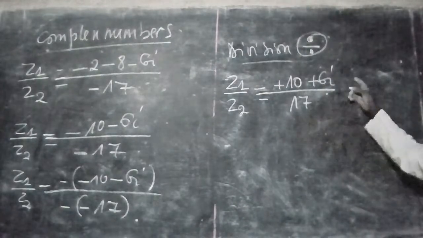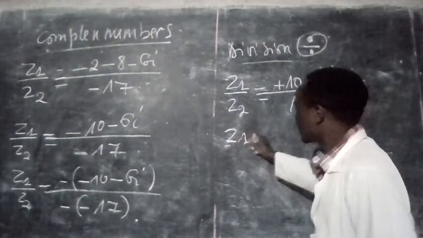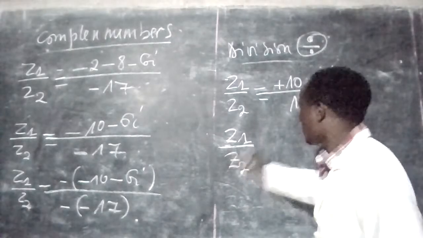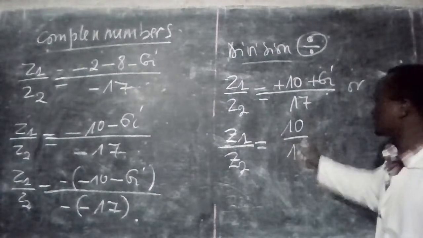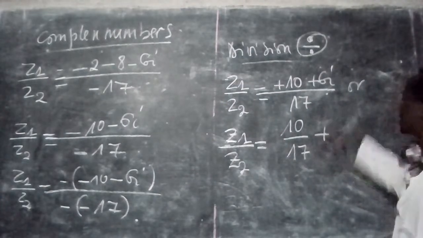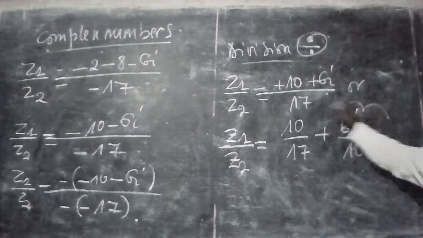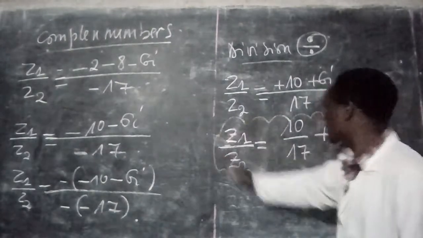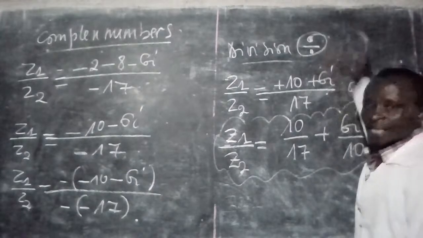This is a final one, or Z1 over Z2. It will be 10 over 17 plus 6I over 10. So this is a final answer about how to make a division of complex numbers.